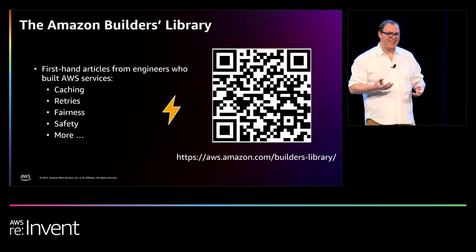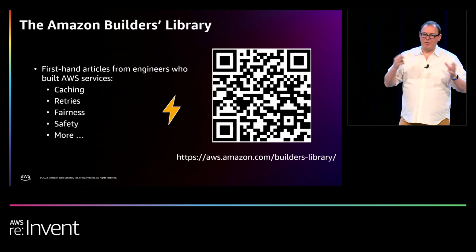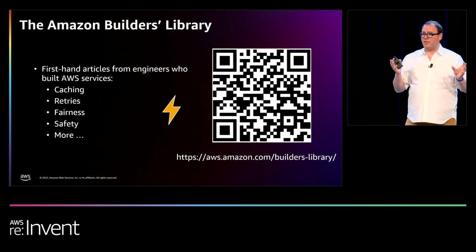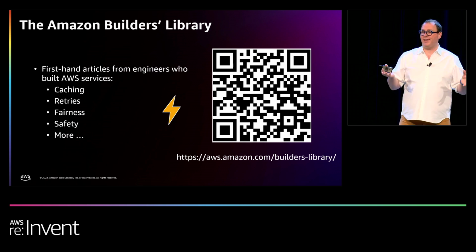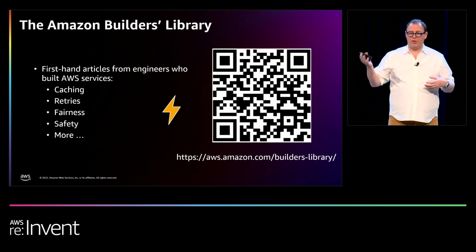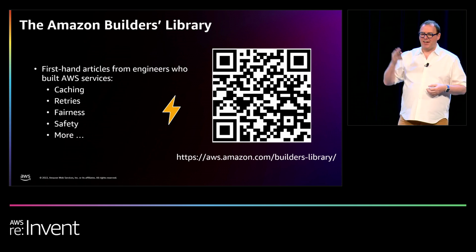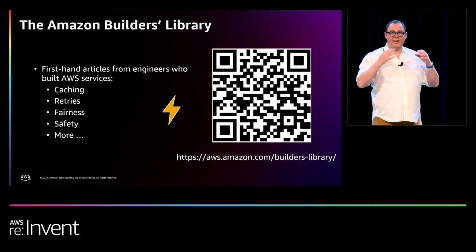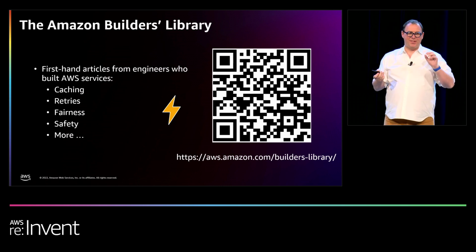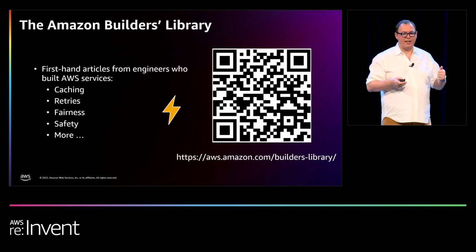They go through a review and editorial process, and we get them as readable and helpful as we can, and we dive into all sorts of nuanced details that are important to building highly available systems. We have articles on things like caching, retries, fairness, safety, and more. And if you want even more detail on things I'm not going to cover today, I encourage you to go there. It's a really, really great resource.